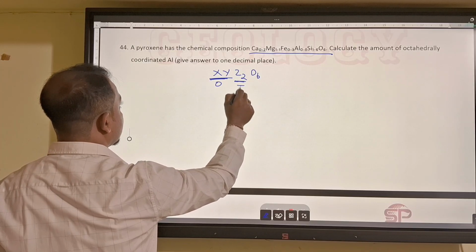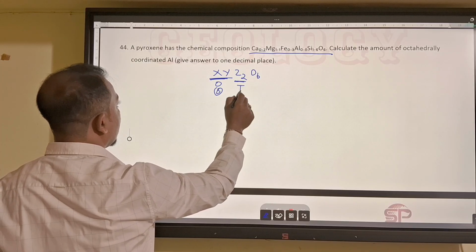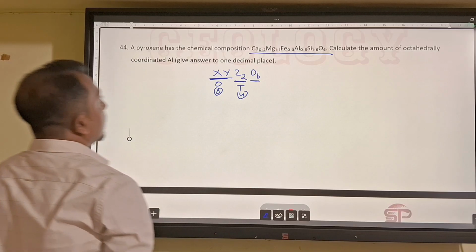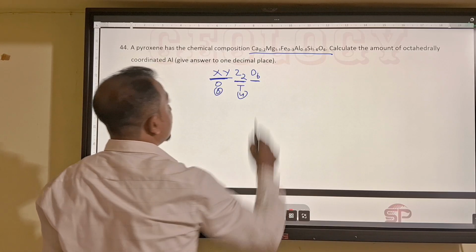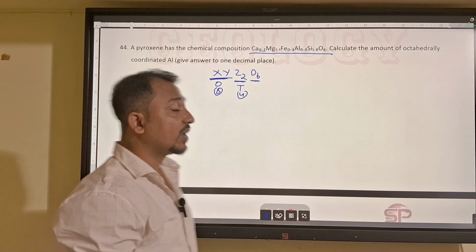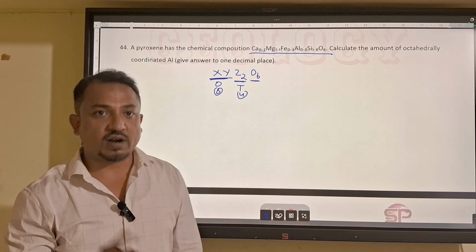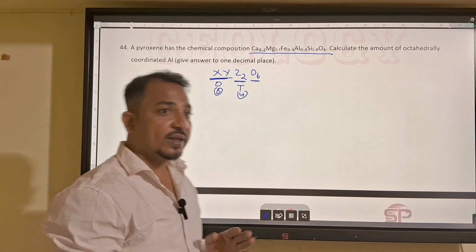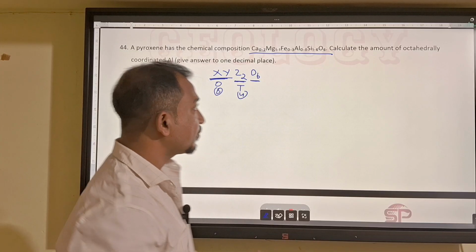Octahedral is coordination number 6, tetrahedral is coordination number 4, and this is your oxygen site. Always remember that aluminum can occupy both tetrahedral and octahedral sites, while calcium and magnesium always occupy the octahedral site.